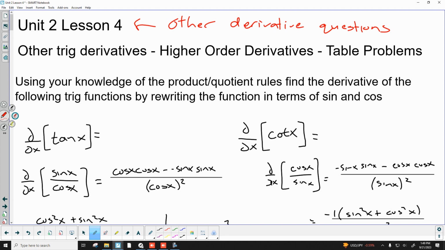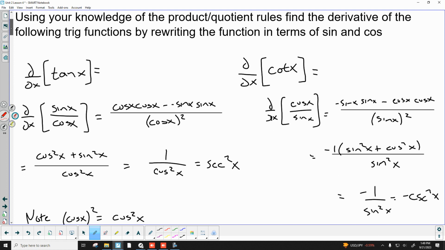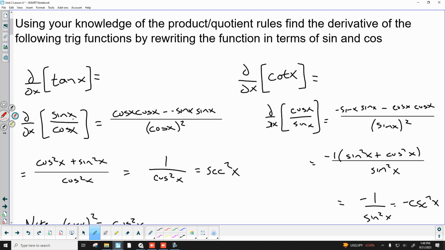We are starting off with equations where we're asked to find the slopes. And these are our other trig functions like tangent, cotangent, secant, and cosecant. Now, we could spend time deriving the slopes of tangent by turning tangent into sine over cosine using the quotient rule, simplifying what we have.